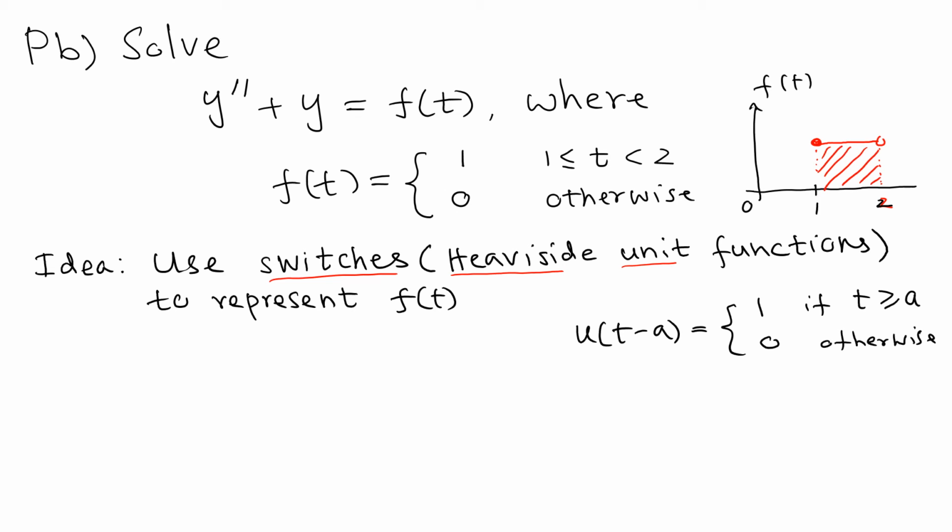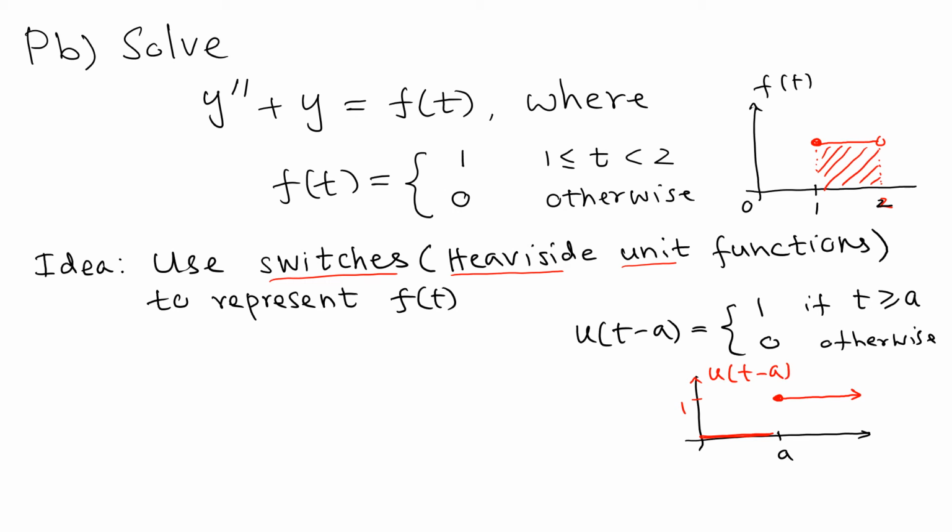If you look at the graph of this one, it's very similar. Until it reaches the value a, it is 0, and at a it jumps to 1 and it stays at 1. So that is the graph of u(t minus a).